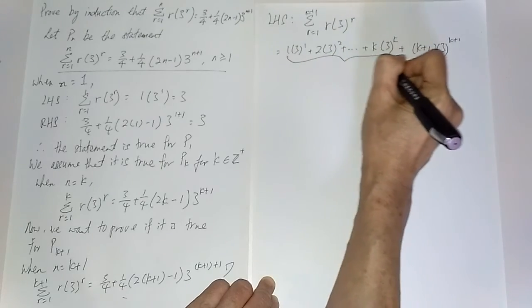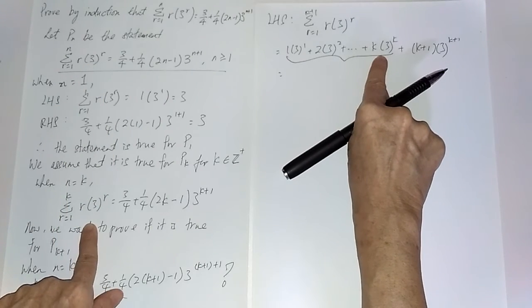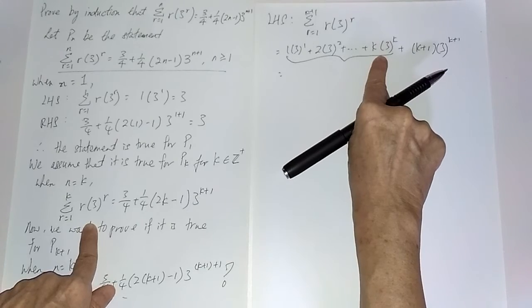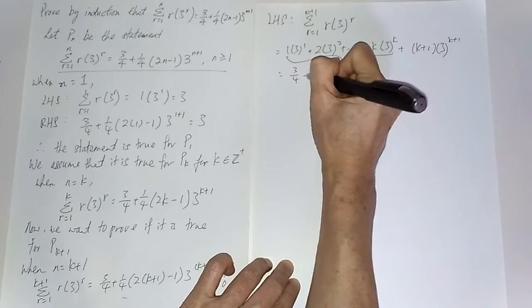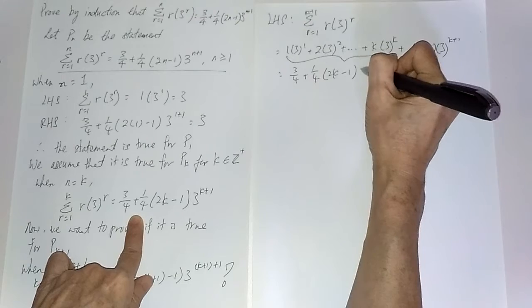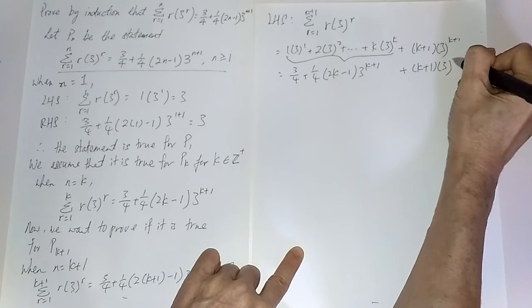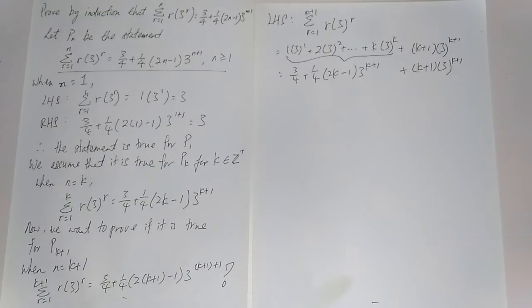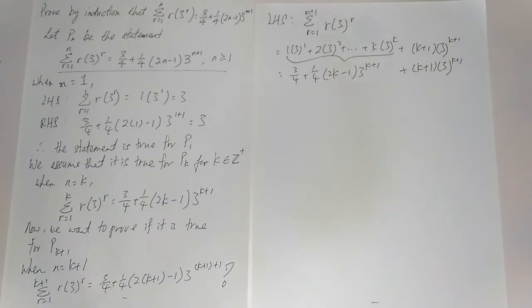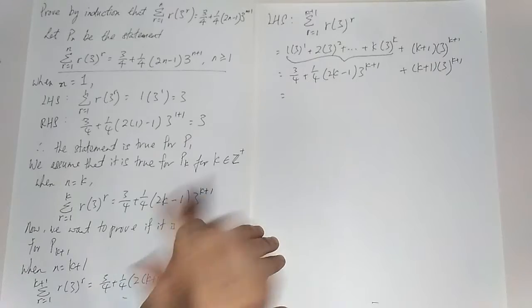And we know that the first k terms are given by the assumption that we made: 3/4 plus 1/4 times (2k minus 1) times 3 to the power k+1, and then plus (k+1) times 3 to the power k+1. So we can tidy up this expression.